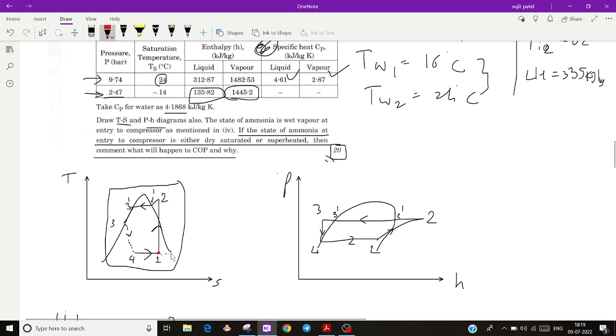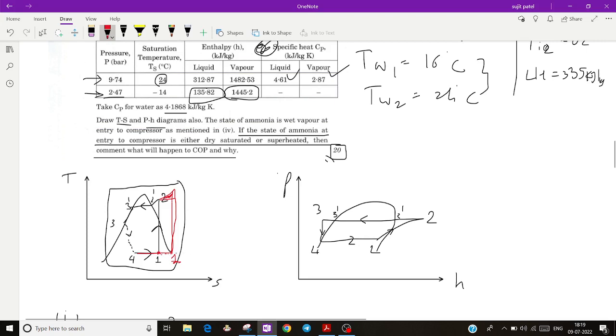If you shift this point to the dry saturated state, the refrigeration effect will increase, and the increase in compressor work is very small when changing from wet to dry saturated. So in this case COP will increase.